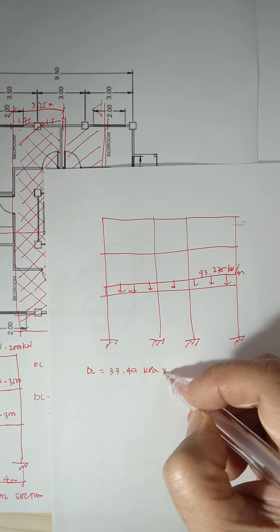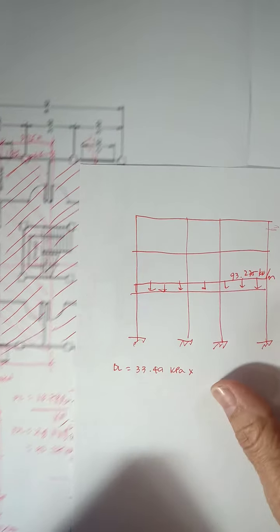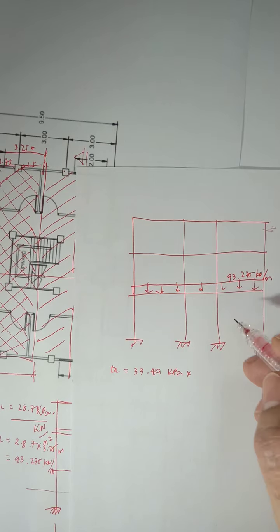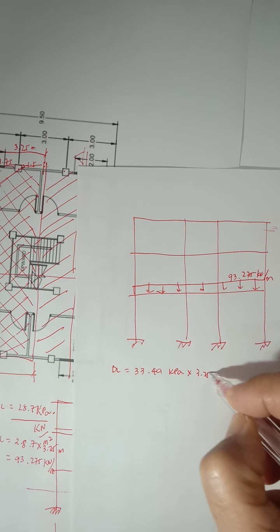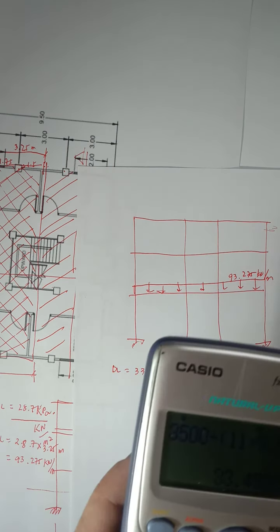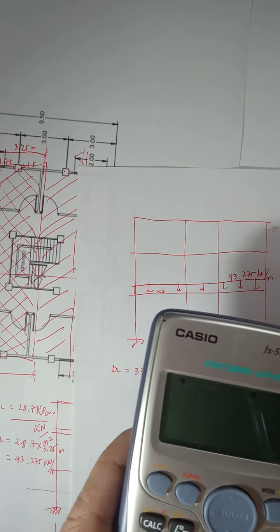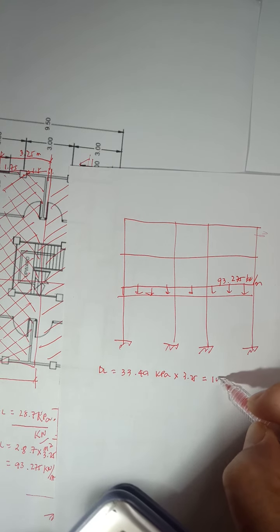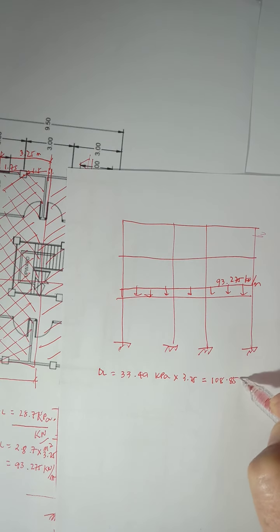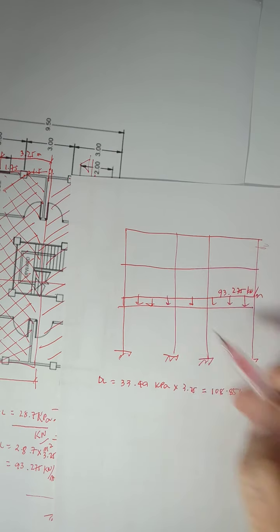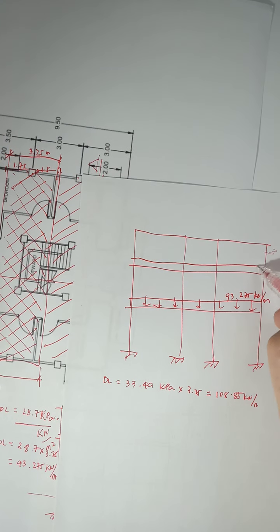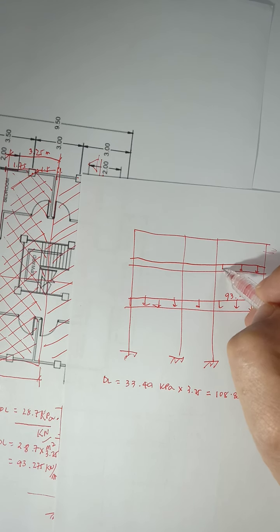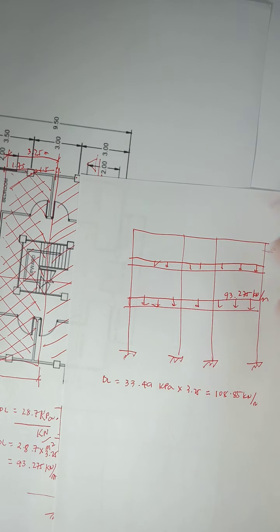Times the same dimension of 3.25, that would be your load on the third floor, which is 108.85 kilonewtons per meter. So this is 108.85 kilonewton per meter.